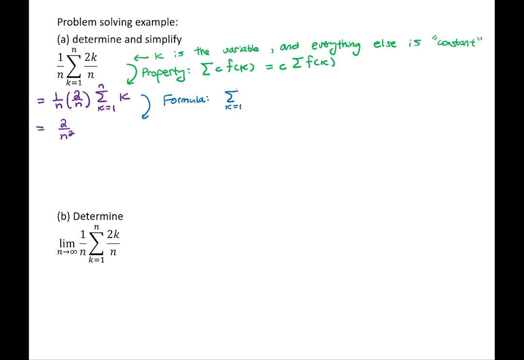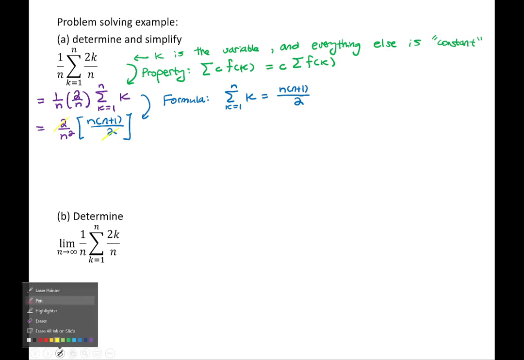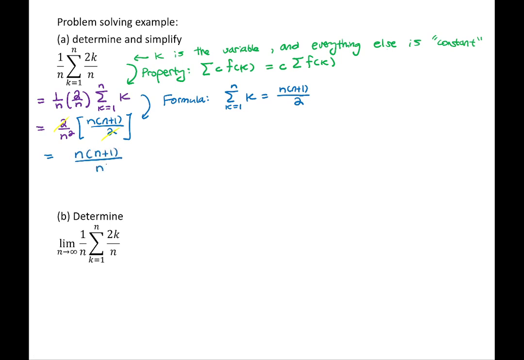Sum from k equals 1 to n of k is equal to n times n plus 1 over 2. So I'll put that in the box here. n times n plus 1 over 2. And we can simplify a little bit. I can cancel the 2's top and bottom, and we're left with n times n plus 1 over n squared.